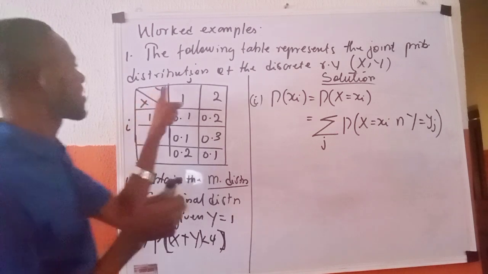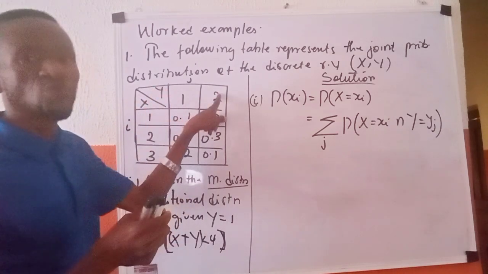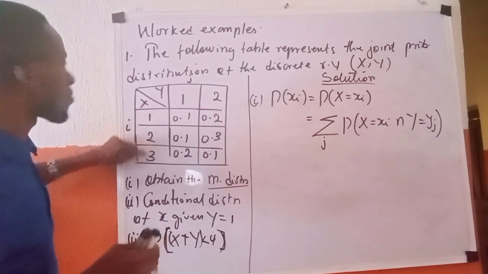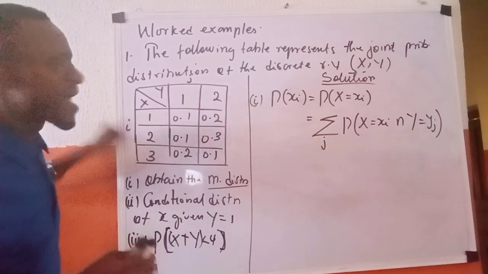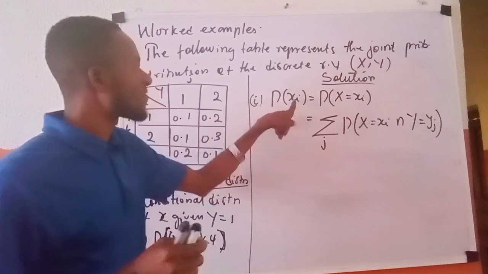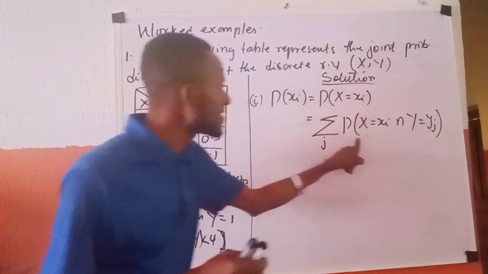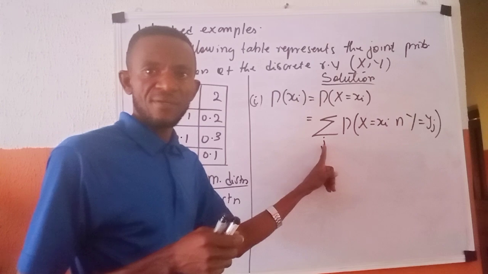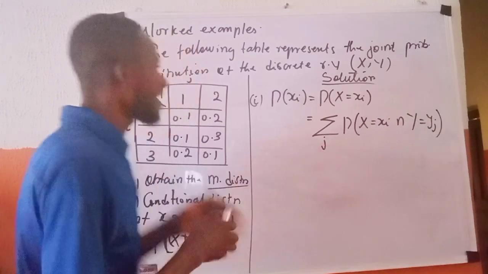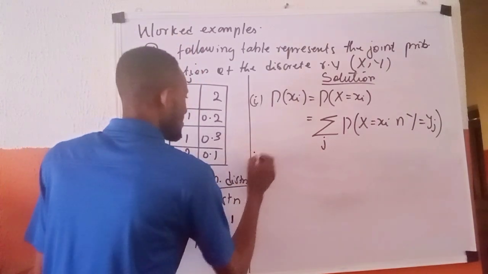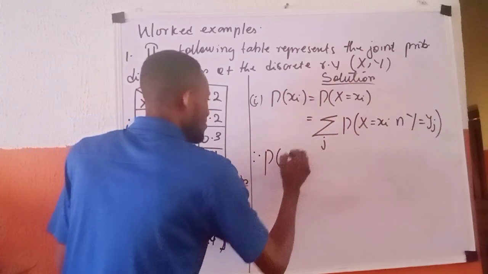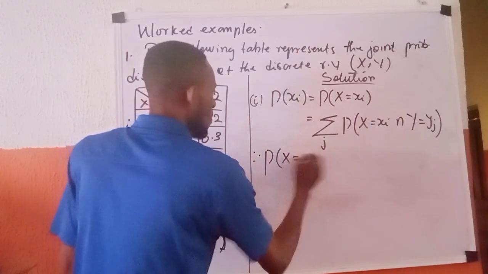So my j runs from 1 to 2, and my i runs from 1 to 3. The marginal probability of x means summing these probabilities over j.